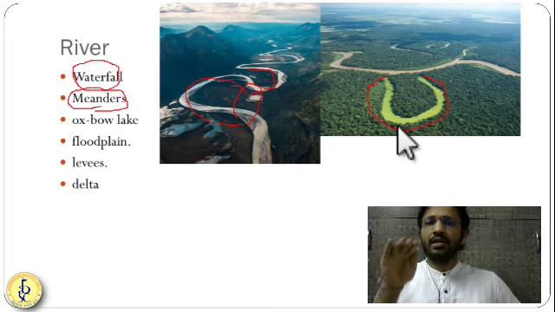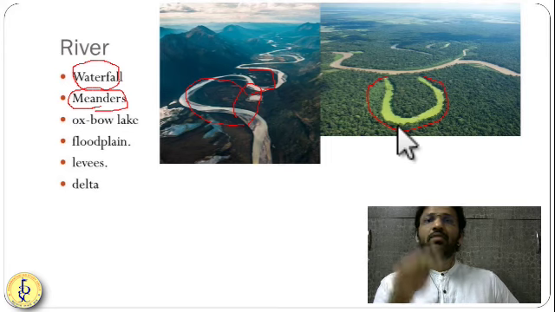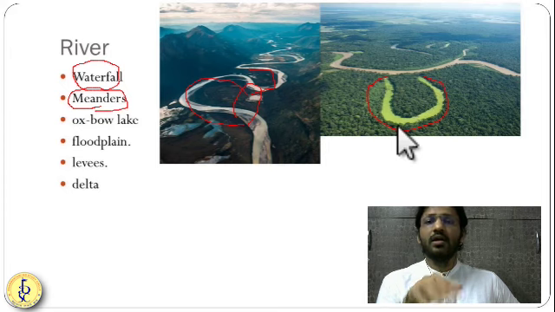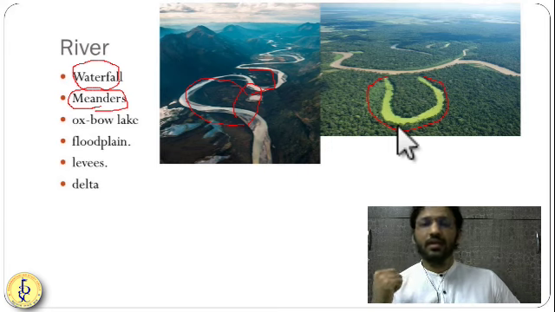So now river water is very very calm. When there is a flood in the river, the deposits will spill away from the main course of the river and be deposited in the surrounding region.